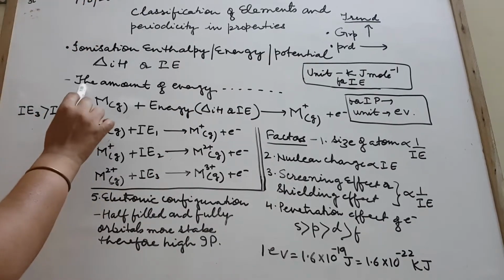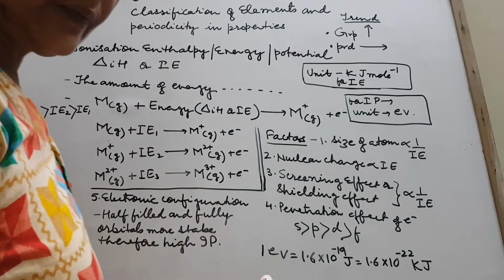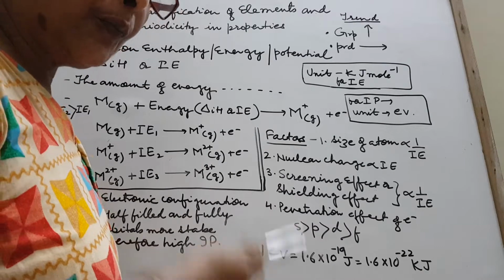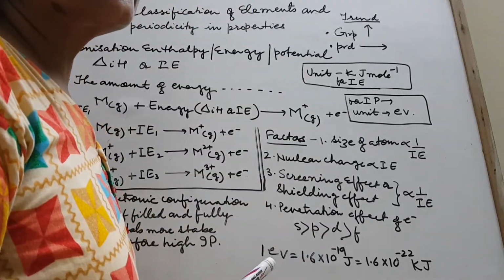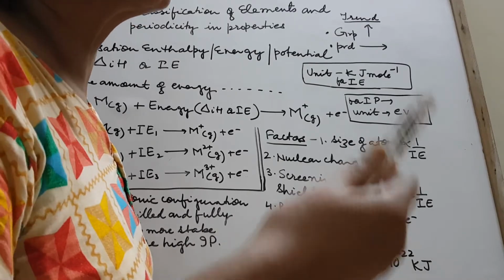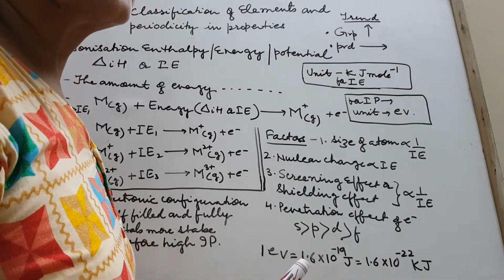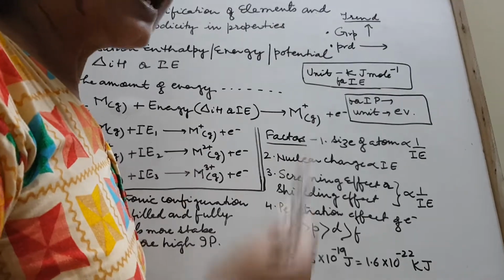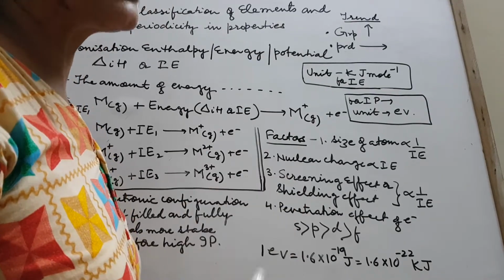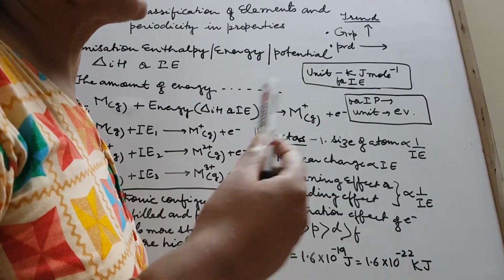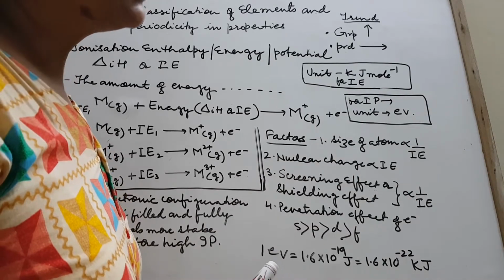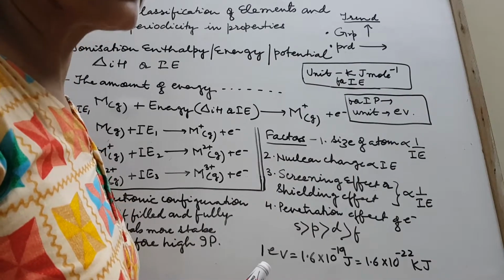I repeat, the amount of energy required to pull out an electron, the most loosely bonded electron, from a neutral, isolated, gaseous atom such that it gets converted into a gaseous cation.